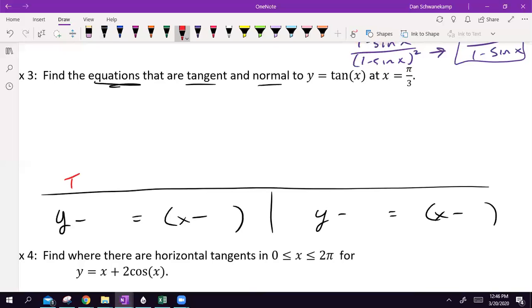This is going to be my tangent line. This is going to be my normal line. Pi over 3, so I can put pi over 3, pi over 3. We are doing this equation, tangent x. So tell me in the chat what number for both equations is going to go right there.